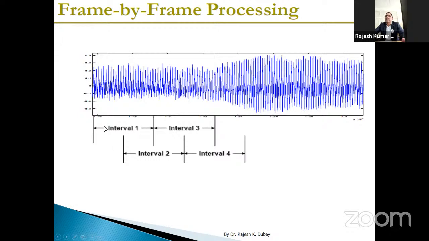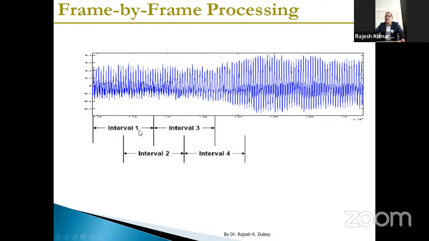Overlapping frames should be there. We'll call this frame blocking, of, for example, 20 milliseconds. This will be the first frame, this will be the second frame, so that there is overlapping of frames and no information is lost.